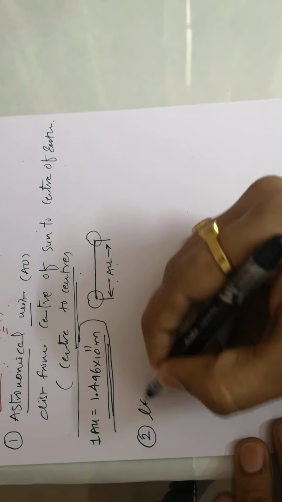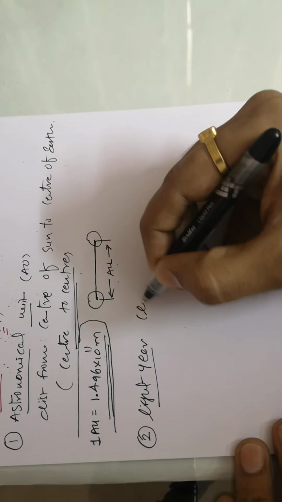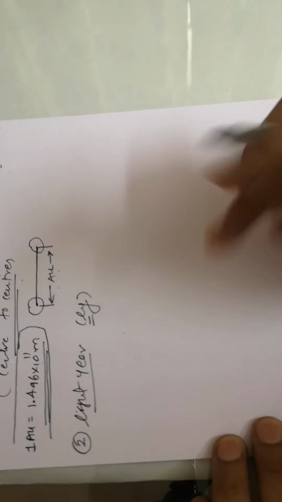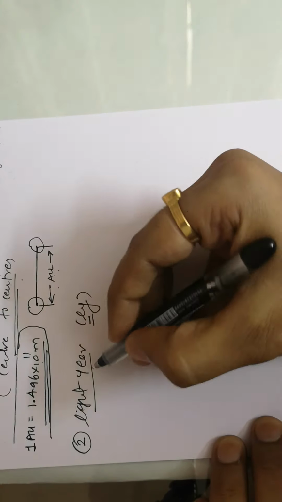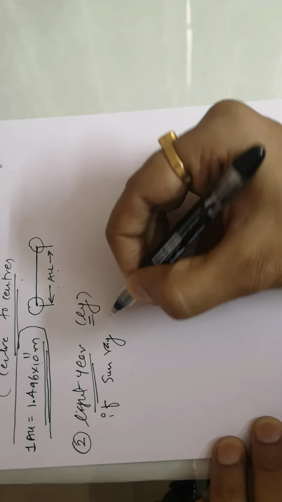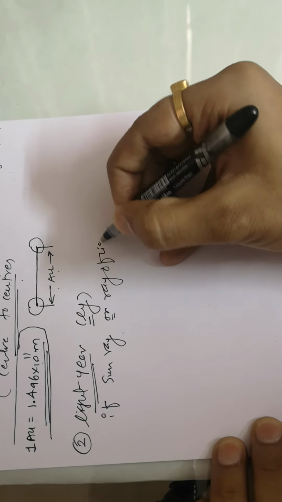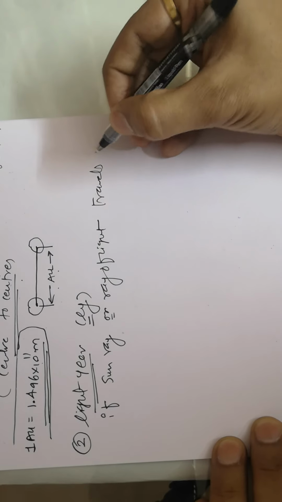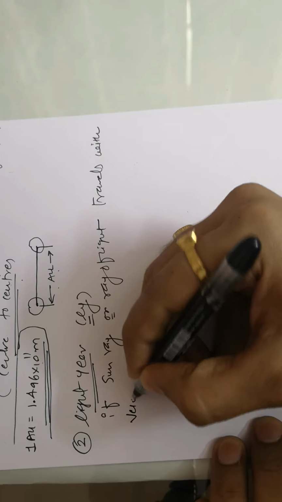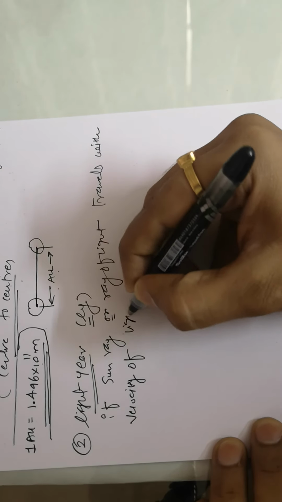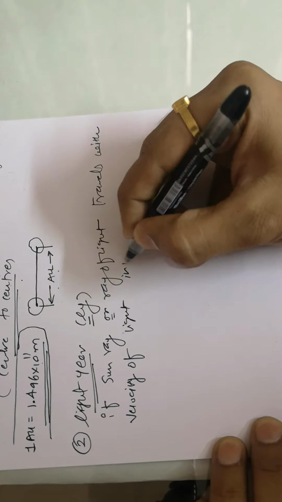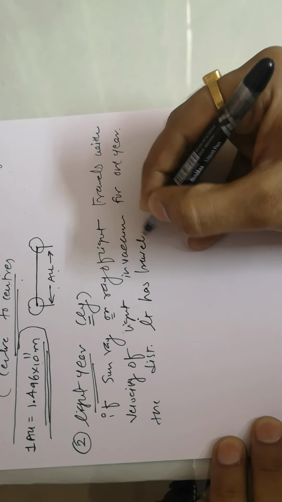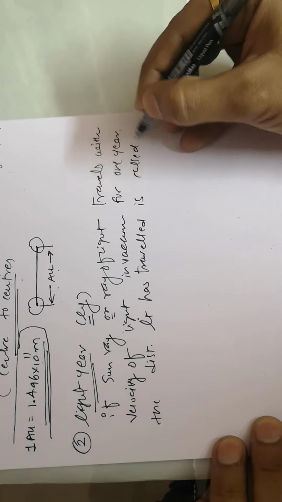Second one is the light year, LY. Its primitive definition is that if a sun ray, or you can say a ray of light, travels with the velocity of light in vacuum for one full year, the distance it has traveled is called a light year.